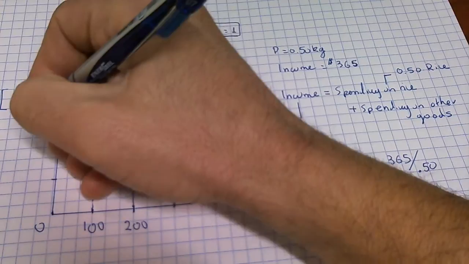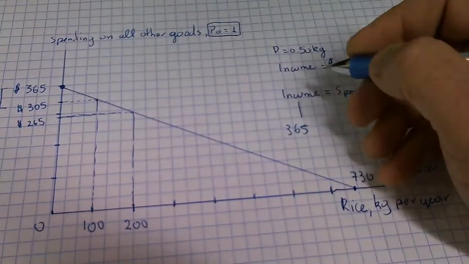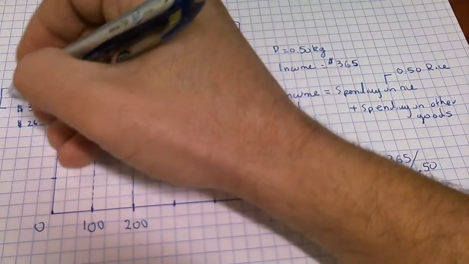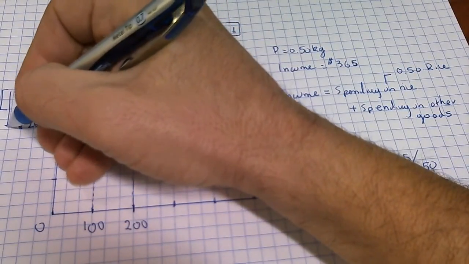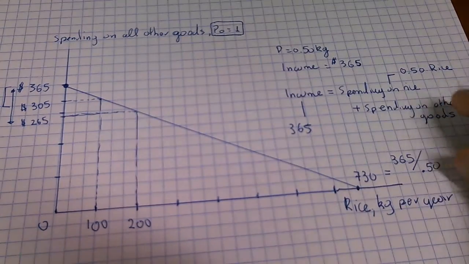I guess my scale is a little bit off, but anyway, you get the picture. And the difference between the two is $100 spending on rice. You see that? That's $100 there.